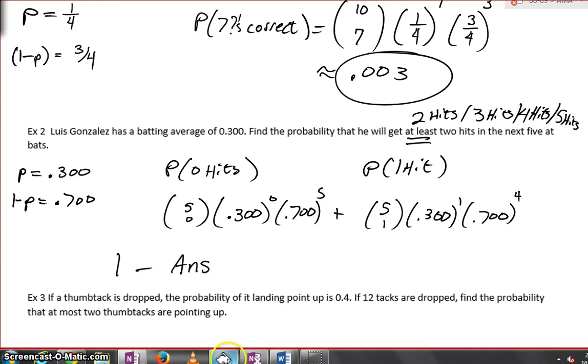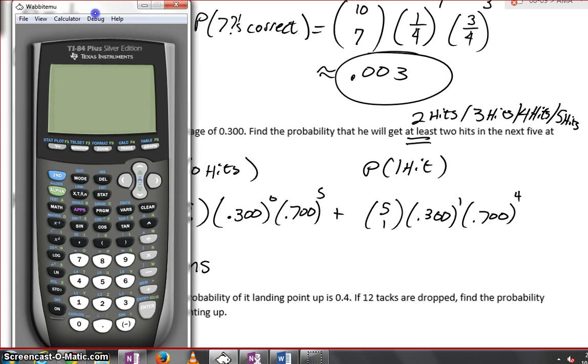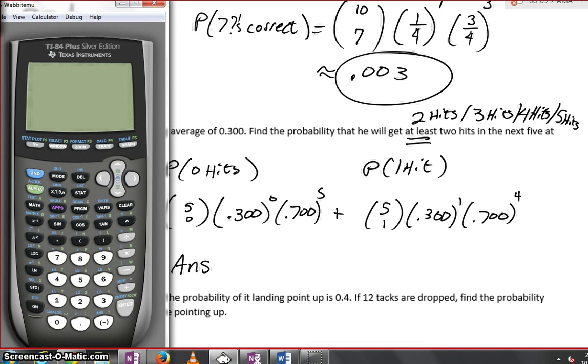So tell you what, we could do all of this quickly off to the side and say, well, let's see if I wanted to do 5 choose 0, times, well, you know, 0.300 to the 0 is 1. I think it's just as well to say I'm dealing with 0.7 to the 5th. That might be the easy way to do it.